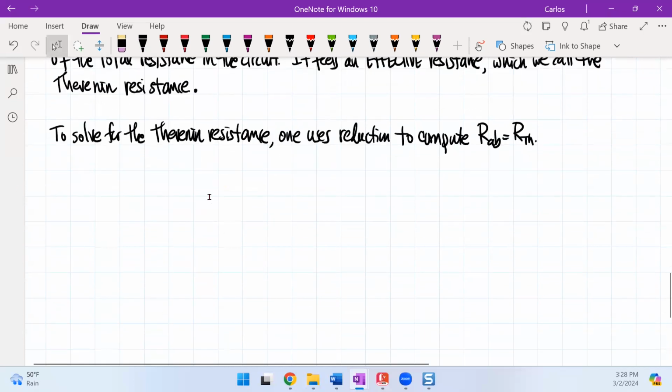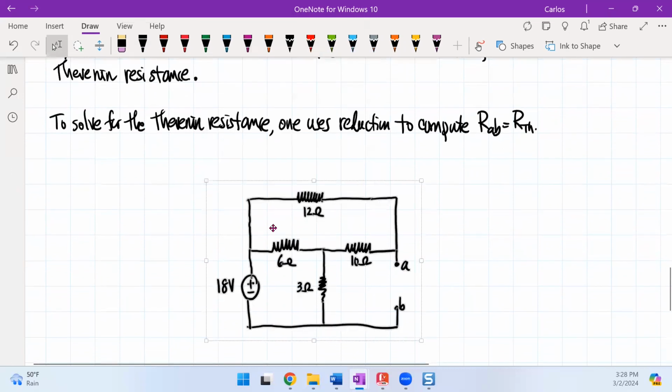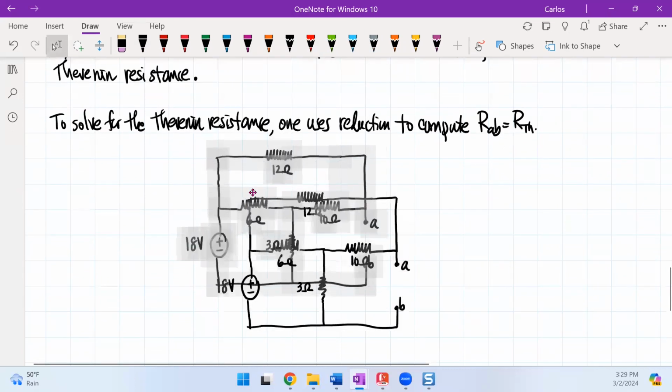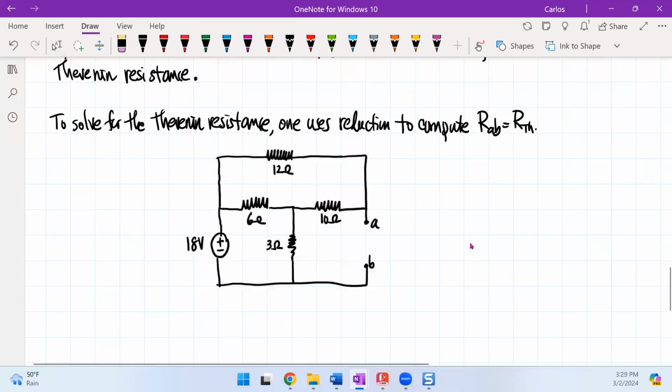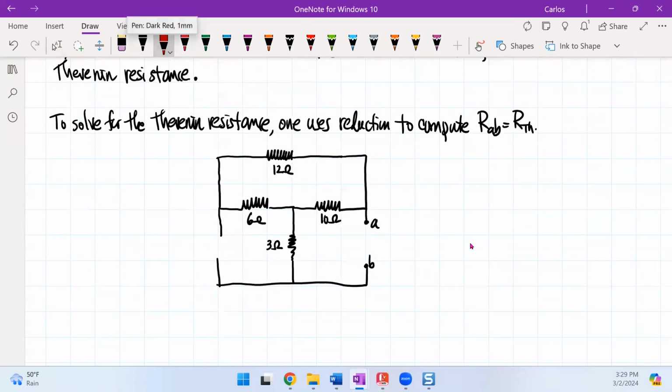So if I stick in my circuit again, assuming I still have it, let me modify it. This guy's not here anymore. All we know is that between this point and that point, there's a short. And so we are only interested in R Thevenin from here.